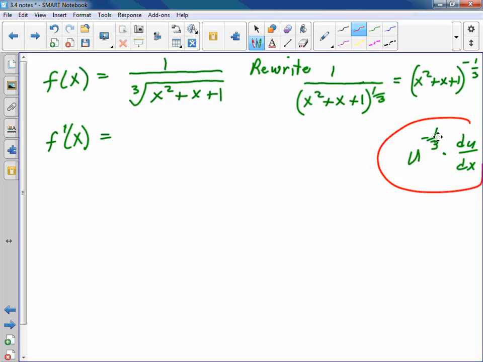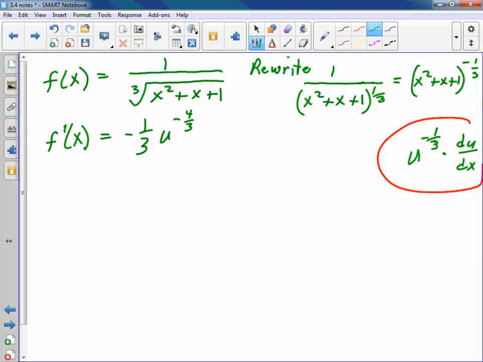If you're doing just the derivative of this part, what would you do? Just power rule. Yeah. Negative 1/3 u to the negative 4/3, close enough, good.